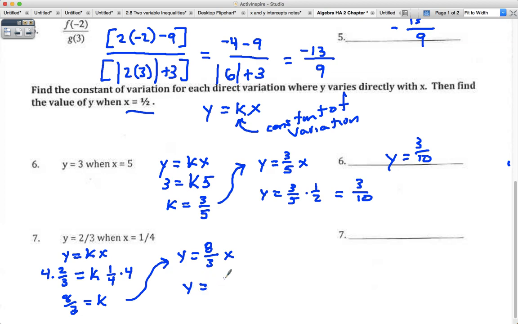Y equals 8/3 times 1/2. I can either multiply this through and then simplify, or I can see that 2 goes into 8 4 times. So y equals 4/3 when x equals 1/2.